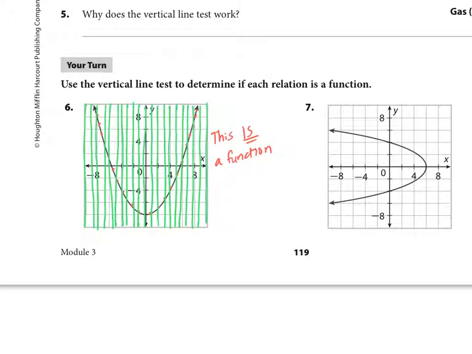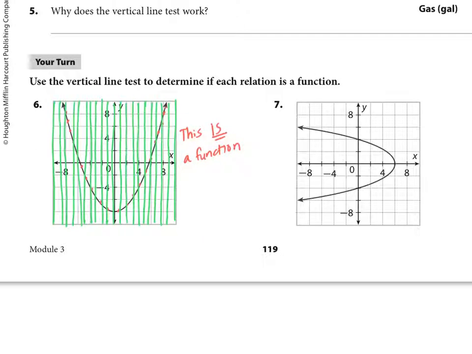Okay. For number 7, if I start drawing some vertical lines, for example, this one, or this one. Now if I draw this one, or even this one, these don't touch the graph more than once on the right side, but the one that I drew in the middle here, this does touch the graph more than once.